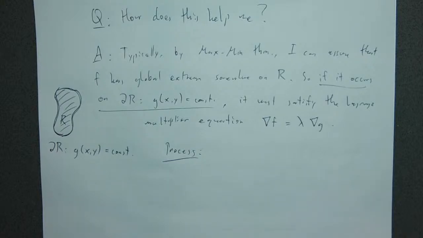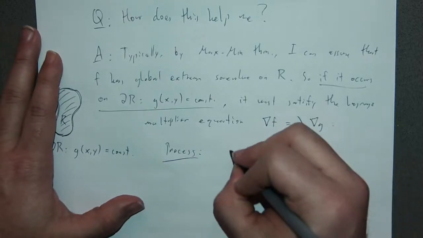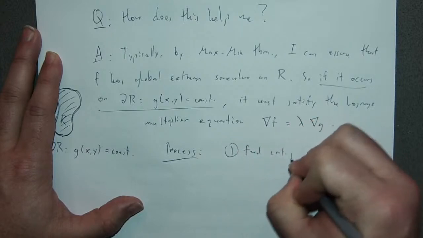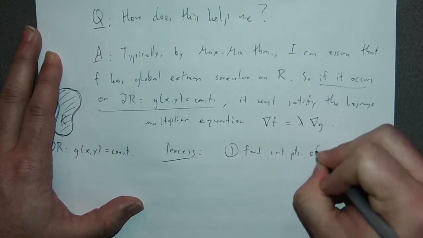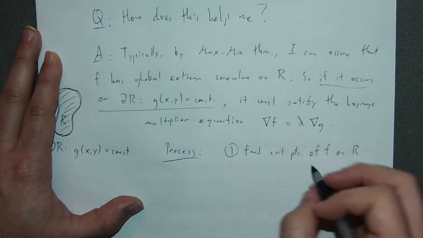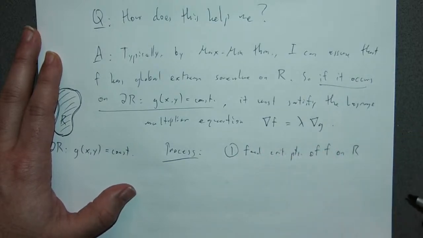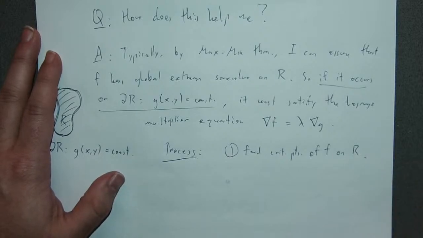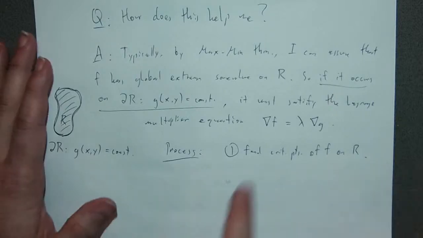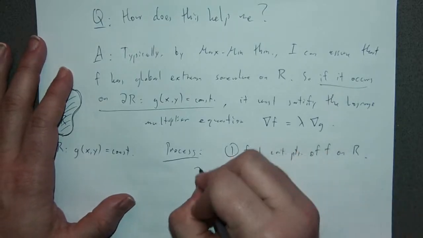And so the process here is, one, find critical points of f on R. Those are your candidate points for maxes and mins to occur. Of course, testing whether they're relative maxes, relative mins, saddle points, all that stuff, that's a separate question. So right now I'm just focused on finding global extreme values.